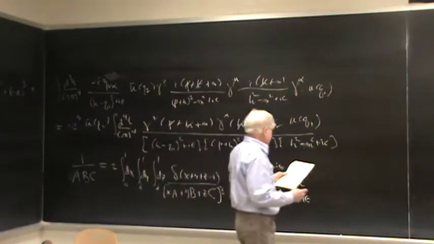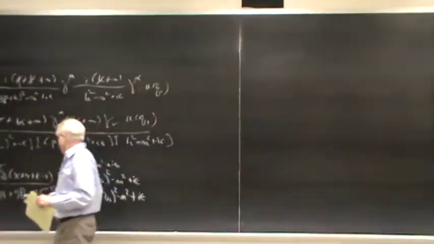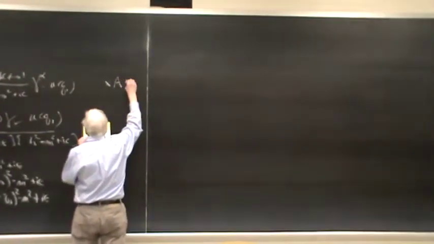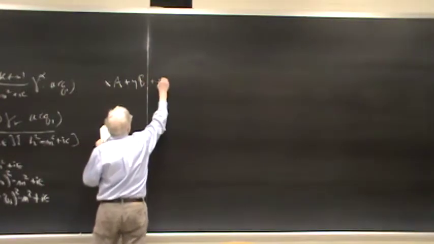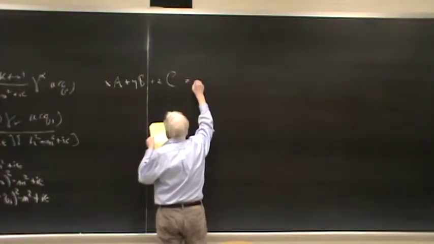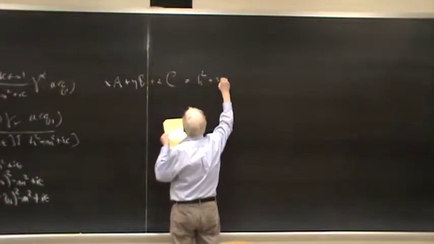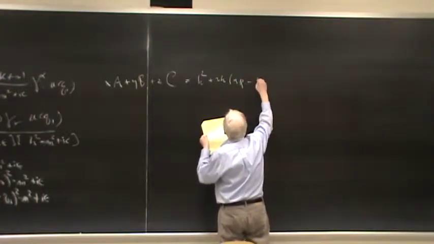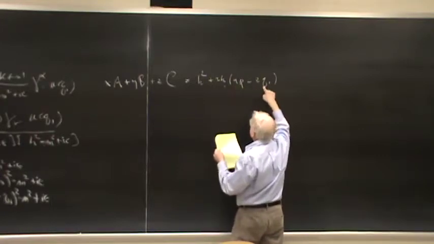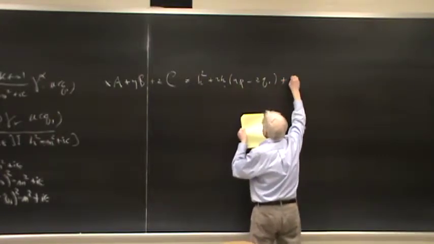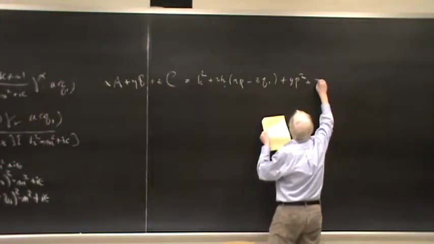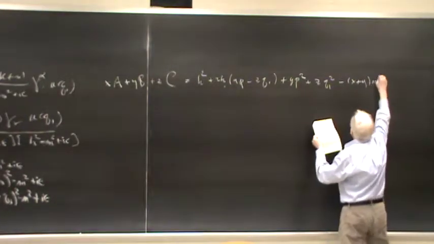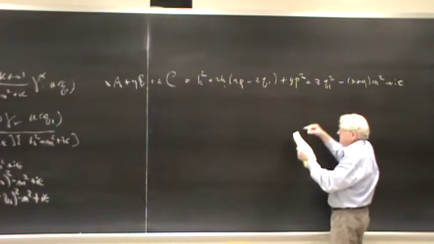All right, so let's write down what XA, in other words, the denominator, the Feynman denominator, is. It's XA plus YB plus ZC, and it turns out that it's k squared plus 2k·(YP minus ZQ1), and these are Lorentz inner products, and then plus YP squared plus ZQ1 squared minus (X plus Y) M squared plus i epsilon.